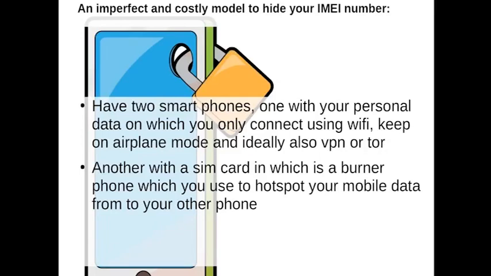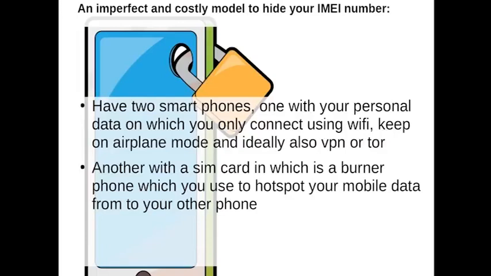Ideally use a VPN or Tor as well, and then with that Wi-Fi connect to your other phone. So let's call them phone 1 and phone 2. Phone 1 is in airplane mode, has no SIM card in. Phone 2 has a SIM card in. This is your burner phone, so to speak.